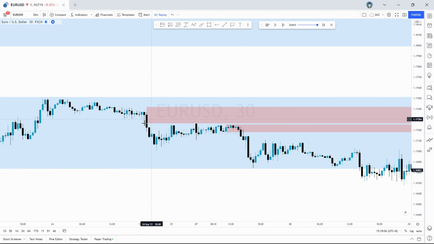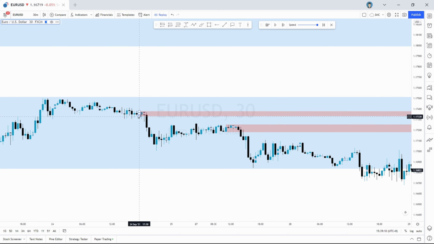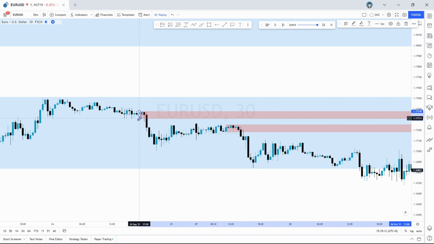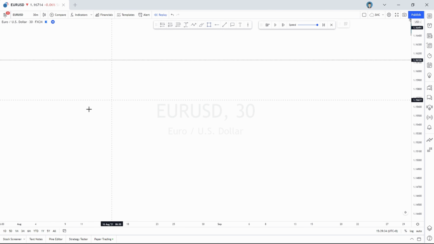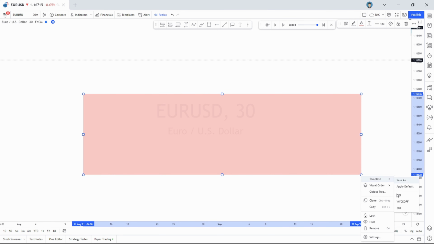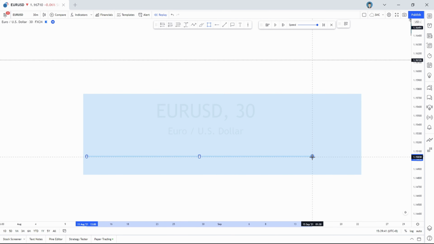On the 30-minute, as you can see, we have a more refined zone over here. Technically, this one still got mitigated. Sometimes what people do is have their overall larger time frame POI looking like this, and the refined zone looking like this.